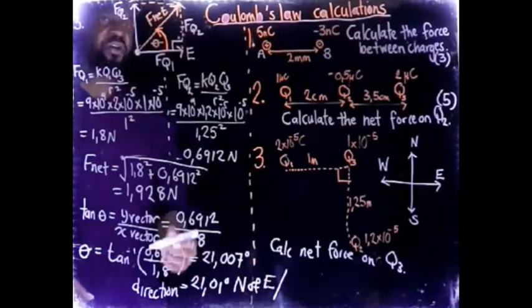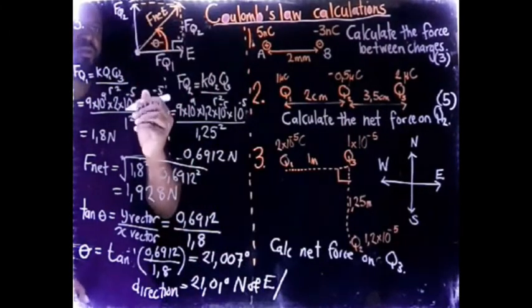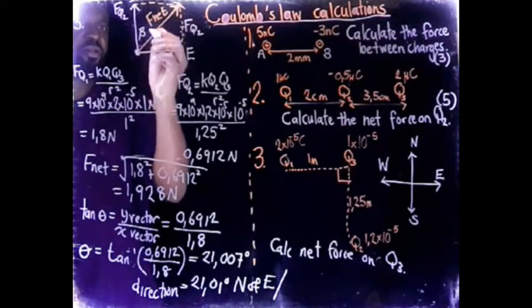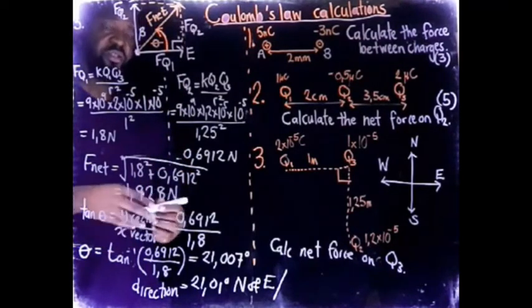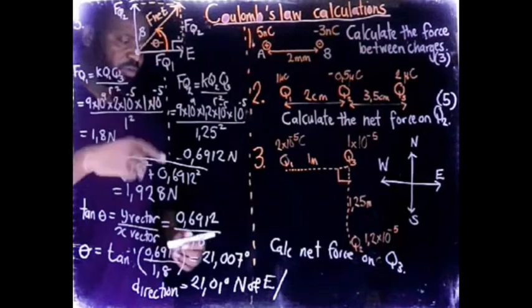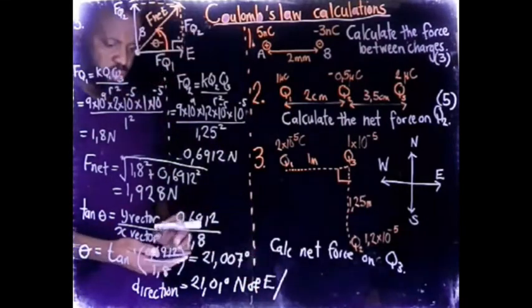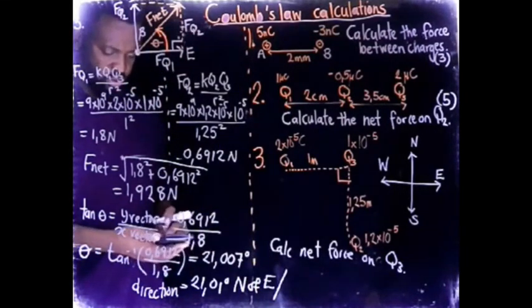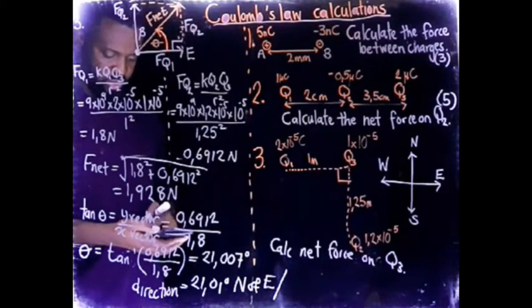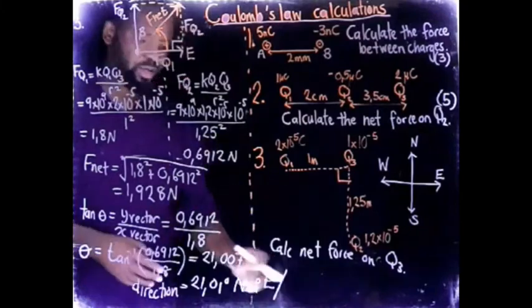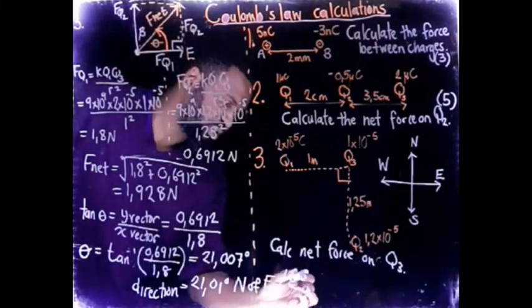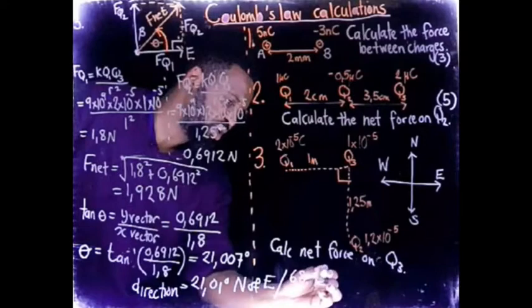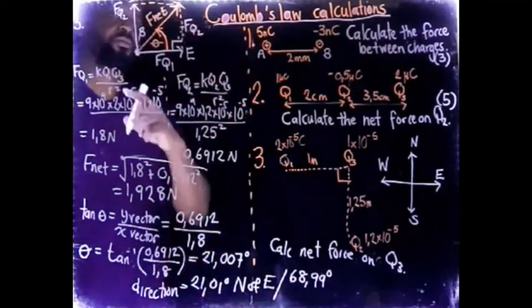Or, now that I know this angle, I can work out this other angle. We call that beta. So beta plus theta should be 90 degrees, complementary angles. I can now say 90 minus 21.01, 68.99 degrees.